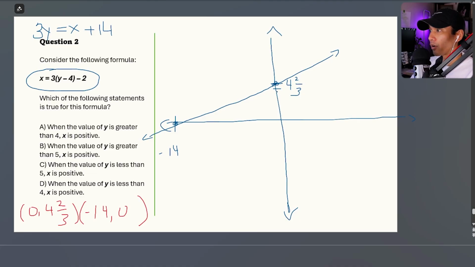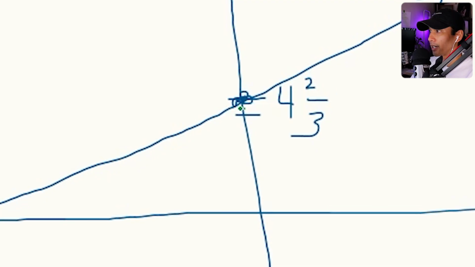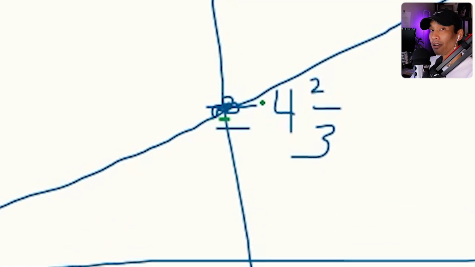Anything between 4 and 4 2/3, if we look at it on the graph here, I'll make this green, like this point right here. It could be 4.5 or 4 1/2. It's actually negative. It's really small, but it's negative.